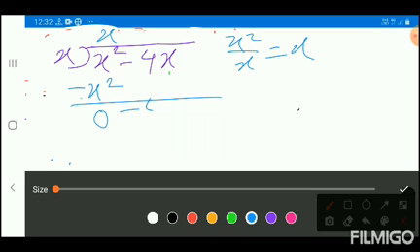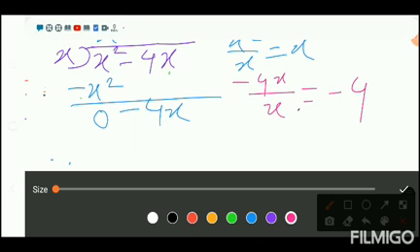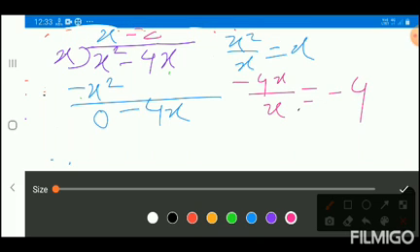Now the next term is negative 4x. So a negative sign is there, so here also a negative sign will come. Or you can write it this way: negative 4x upon x, x will be cancelled, negative 4 will come. So here negative 4, here again negative 4x.